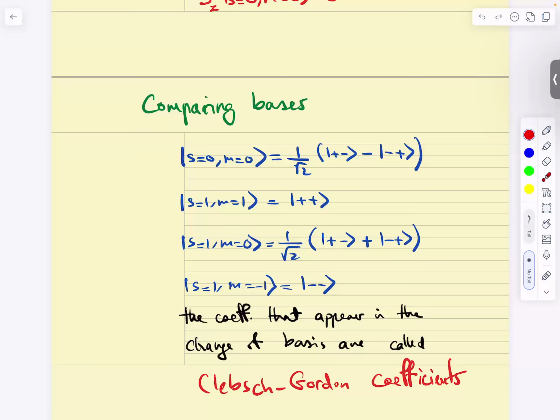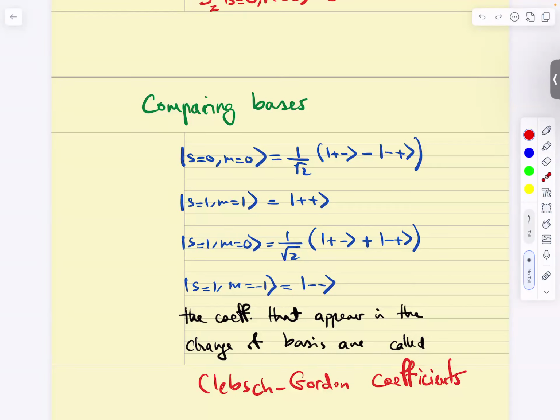Now, this is called direct sum. Let me describe direct sum. So you know direct product. When you direct sum two Hilbert spaces, H1 plus H2, if one has dimension D1 and the other has dimension D2, it's the most naive thing you would think.